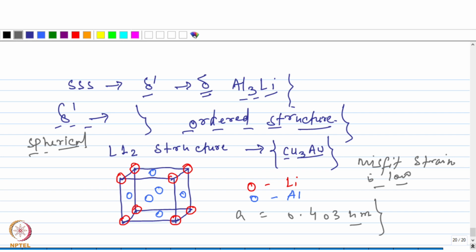And this shape remains spherical throughout the entire aging period. So let us again have a look at the order strengthening which occurs in this case.